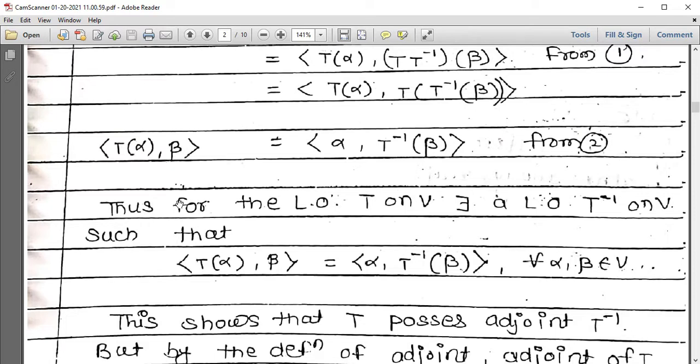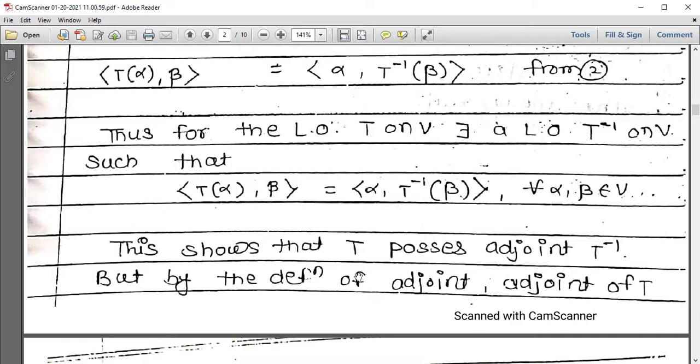Our above equation implies that there exists a linear operator T inverse on V such that the inner product of T alpha and beta is equal to the inner product of alpha and T inverse of beta, for all alpha, beta belongs to V. What does this show?